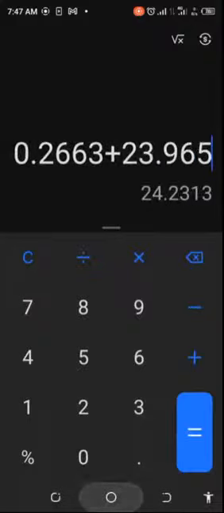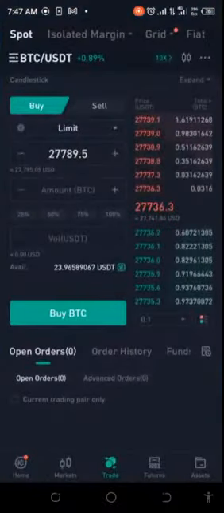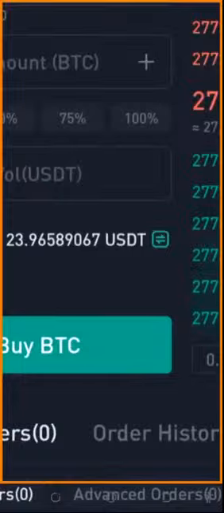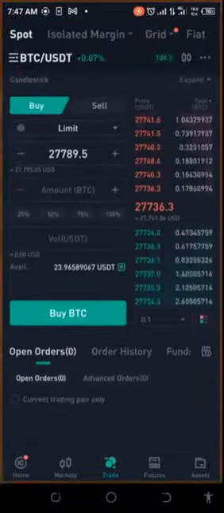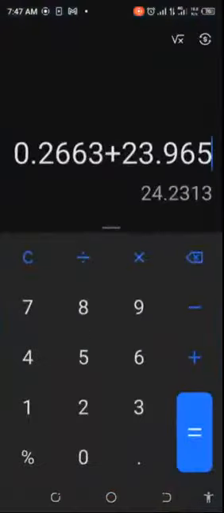Let me go and check so that we don't put values that are not right. Okay, I'll just take four figures after that: 9658.